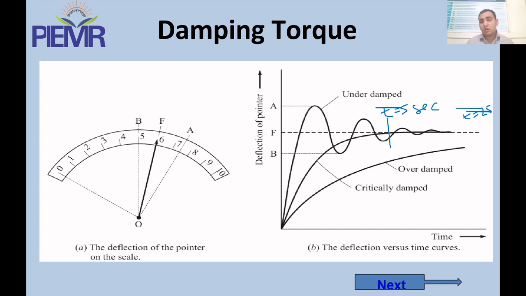Why? As a manufacturer, we do not provide that type of critically damped system, because at some point the spring can lose its natural behavior and the electromagnetism can weaken after a span of 1 year or 2 years.